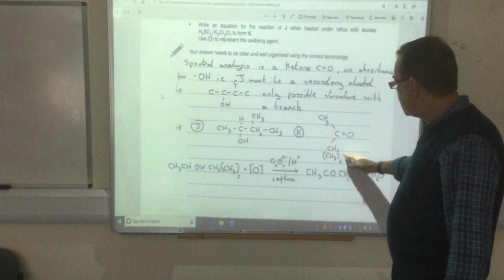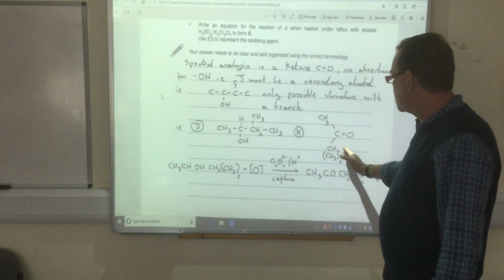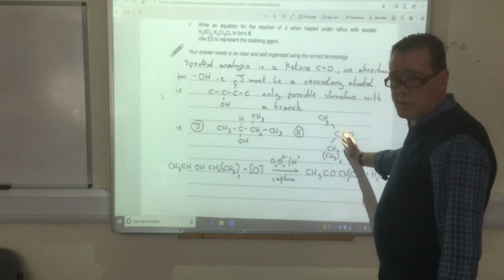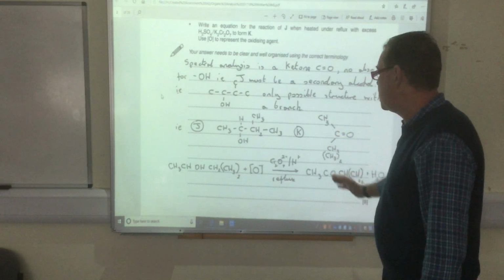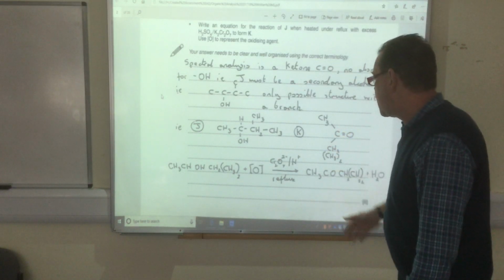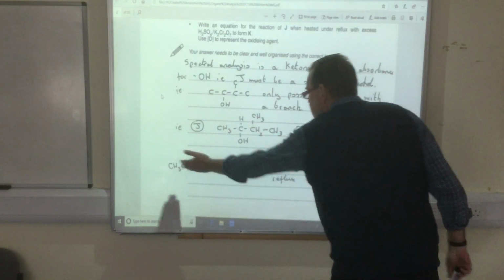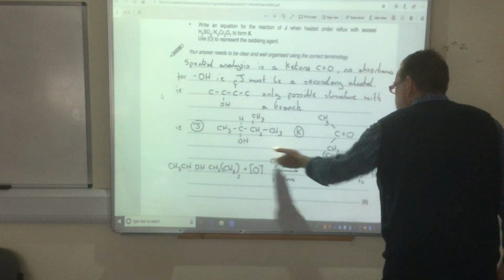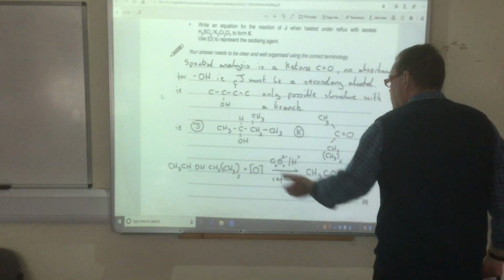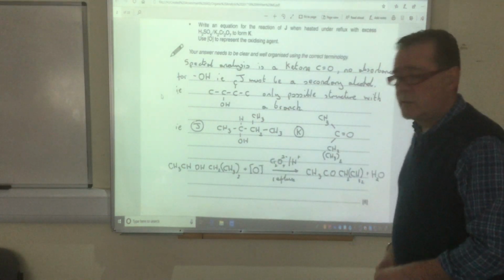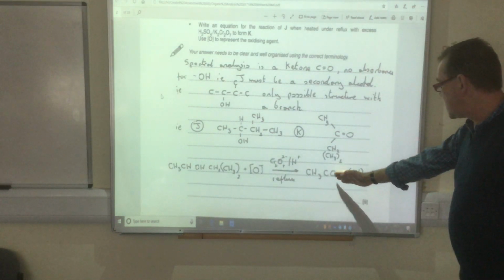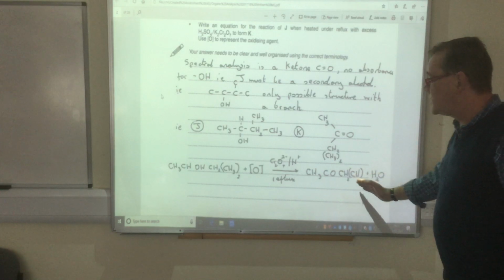That's how I want to represent that. I don't want to just lump it all together because there are branches in there, so I want to make it a bit better than that. Overall equation, O, there, reflux, job done. No problem. Notice how I show the ketone there, dead easy.